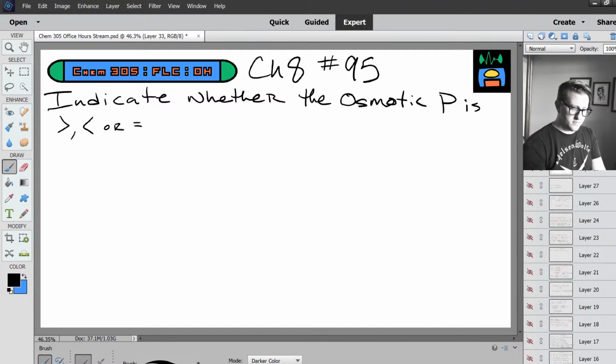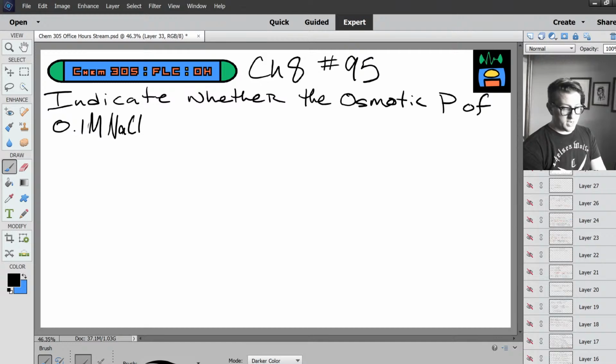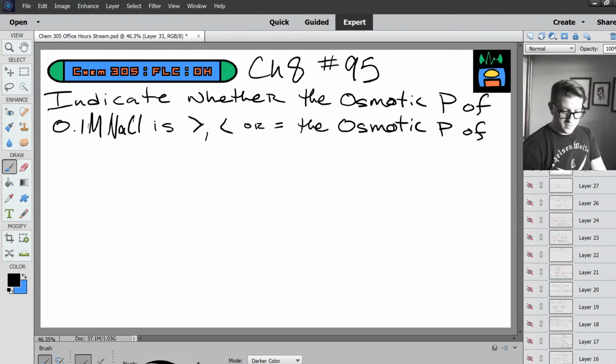Indicate whether the osmotic pressure of 0.1 molar sodium chloride is greater than, less than, or equal to the osmotic pressure of... and then they give us solutions.